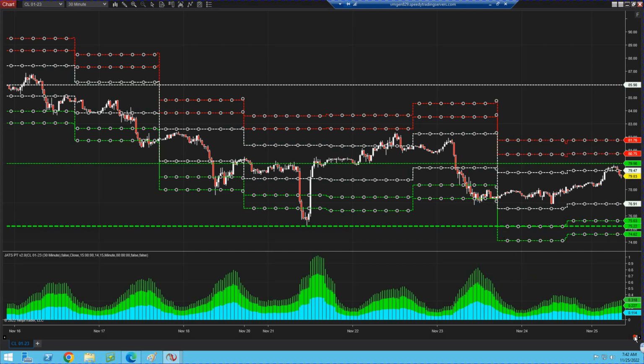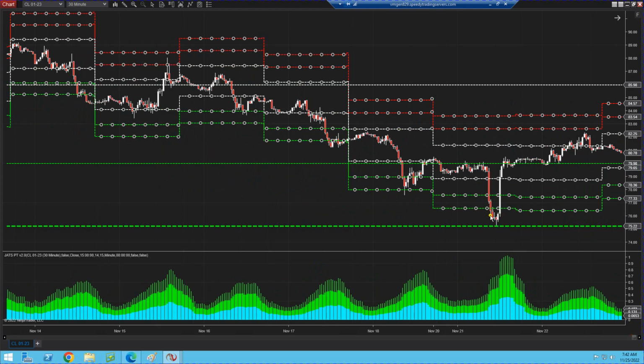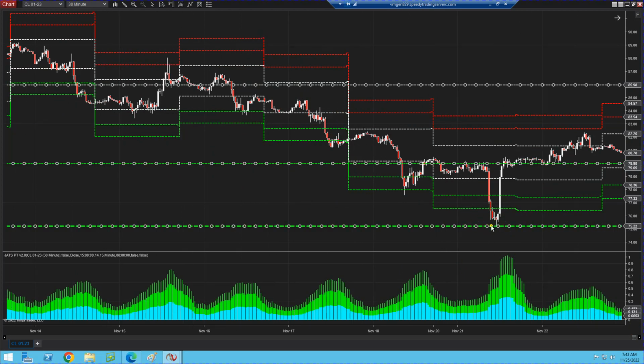If it breaks the range a little bit, it's usually going to a higher time frame level, like right here. It went from the daily 3 to the monthly 3. And as soon as it hit its target, it went back inside the daily and found itself to the middle of the mean. The 2 was acting as the mean of the day.